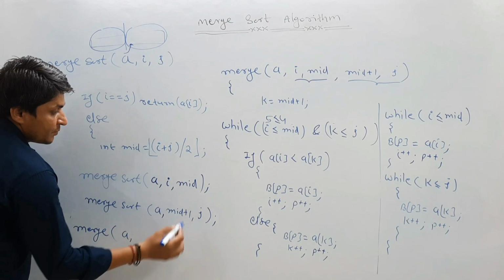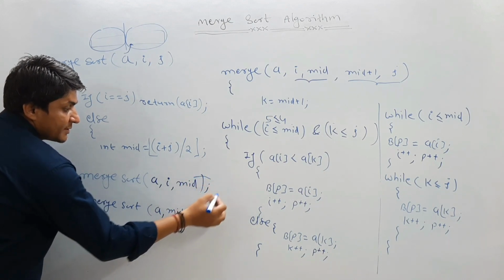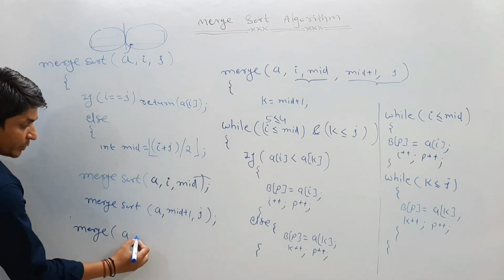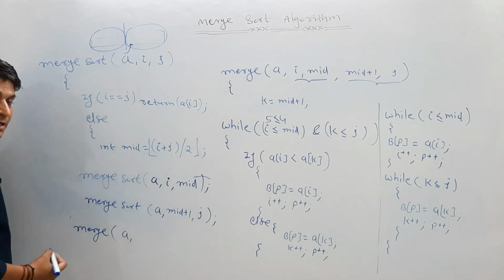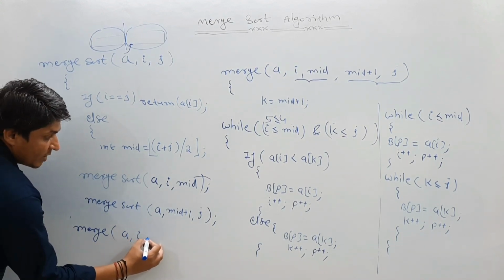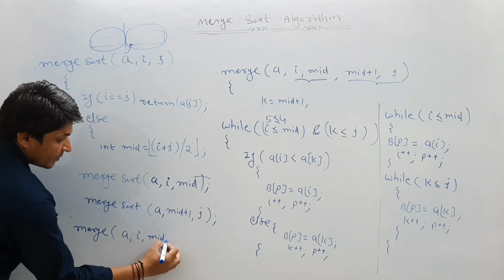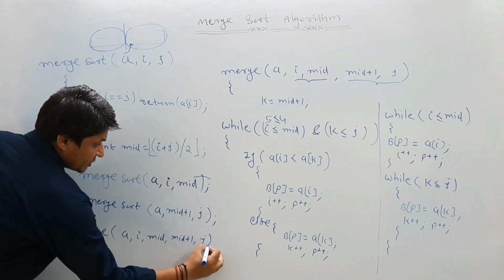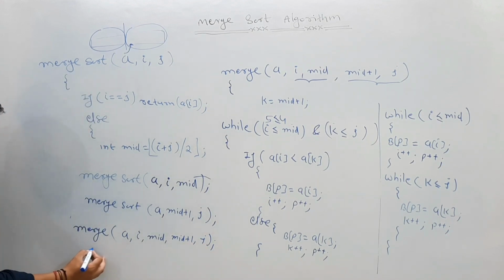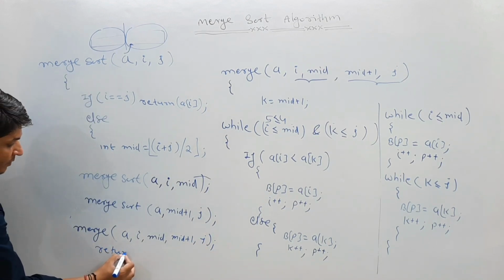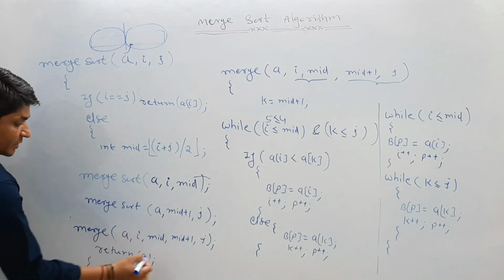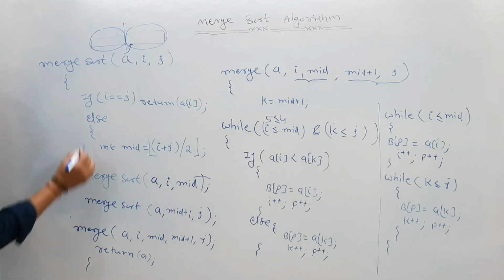Let's suppose this function call gives you one sorted subarray and this function call gives you another sorted subarray. So what would be the index of the first sorted subarray? So i comma mid, then mid plus 1, then j, correct, and finally you can return the sorted array. This merge procedure will give you a sorted array, correct. So this is the else, and this is merge sort.